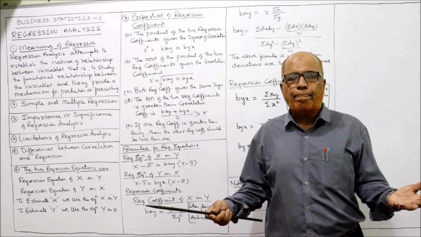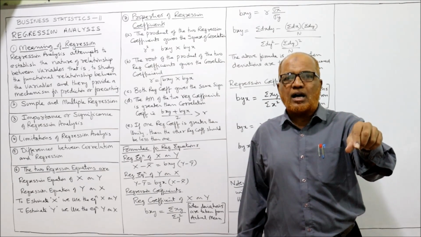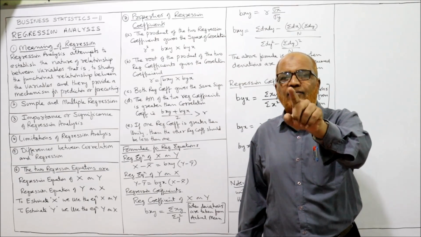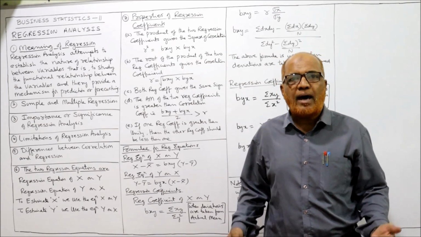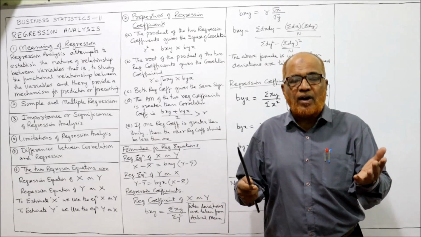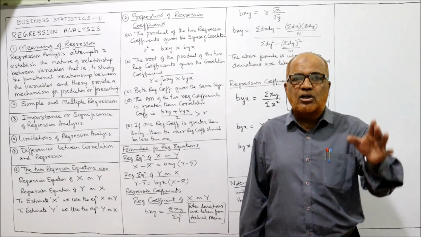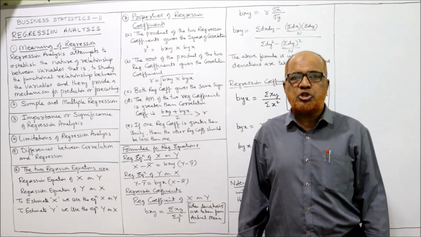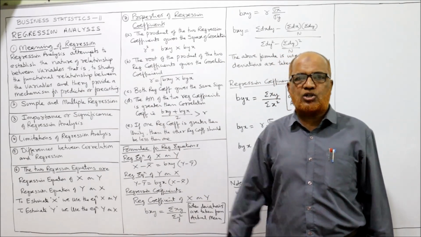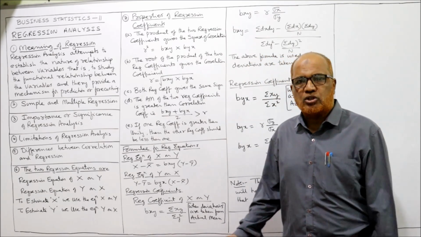In simple words, regression is a technique of forecasting, forecasting is used for planning, and planning is the main function of management. So we can say it's very significant. It's very important for the functions of management. The management can perform its functions by using this regression analysis. It's a handy tool in the hands of the management.